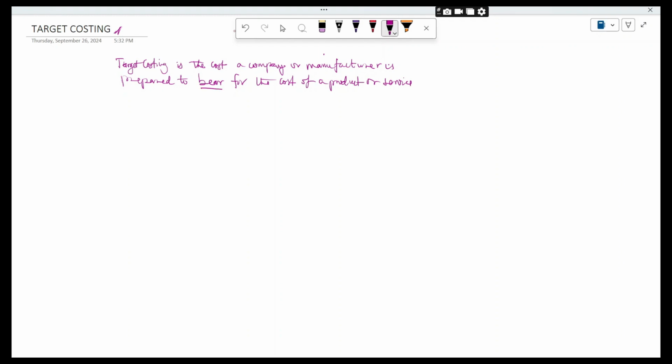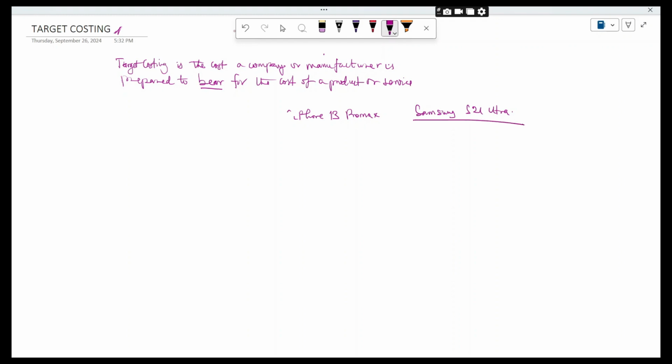Let me use this example. Let's say we have iPhone 13 Pro Max and Samsung S21 Ultra.